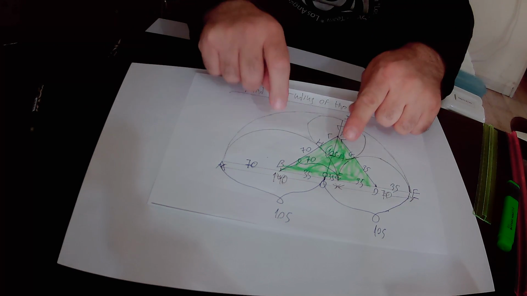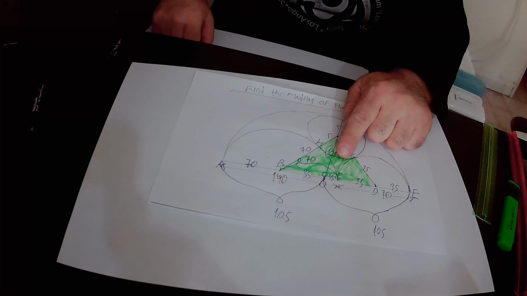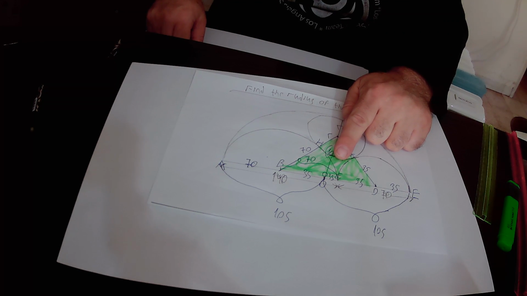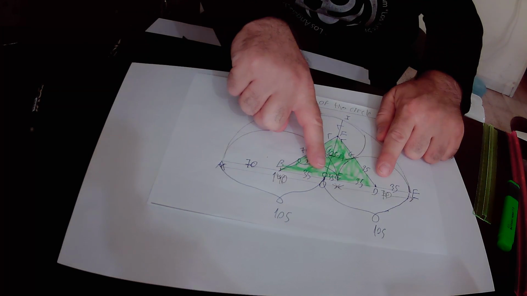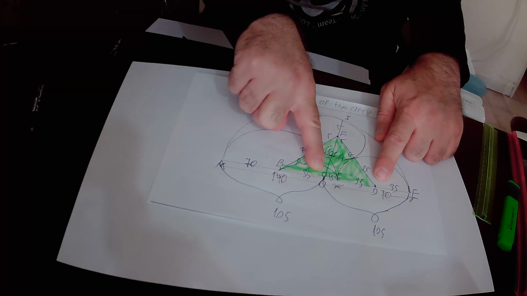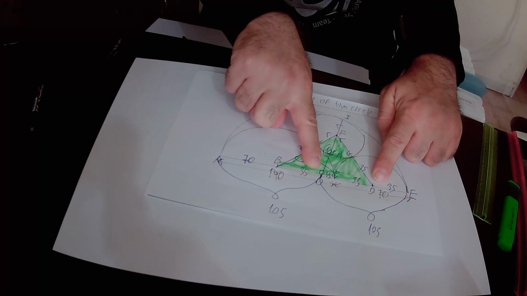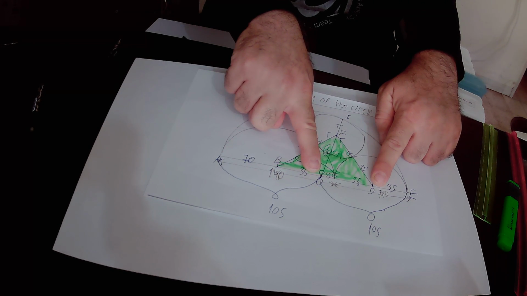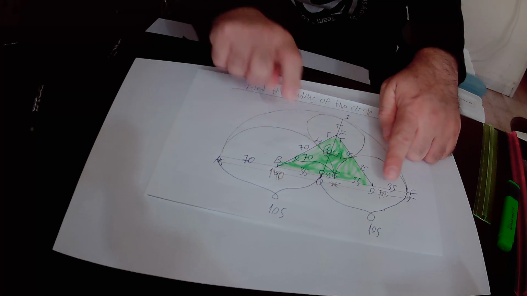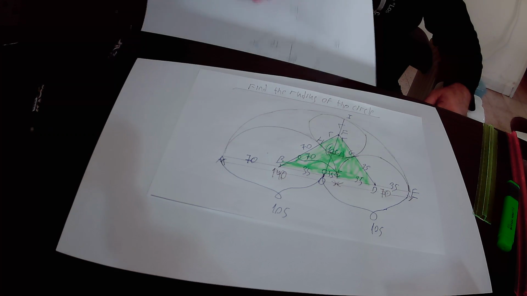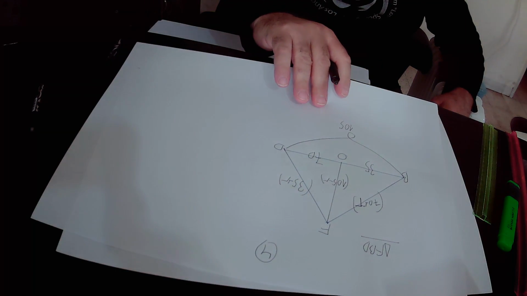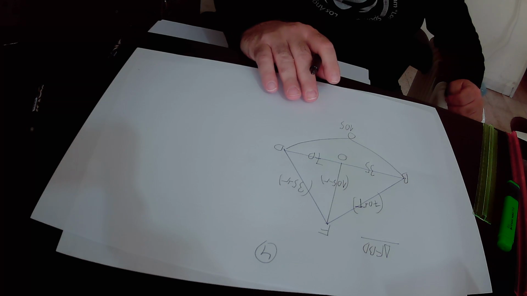Line segment OD: from the drawing it is very easy to see that line segment OD equals 35 plus 35, that is 70. So line segment OD equals 70 units in its length. So this is triangle FBD with the lengths.